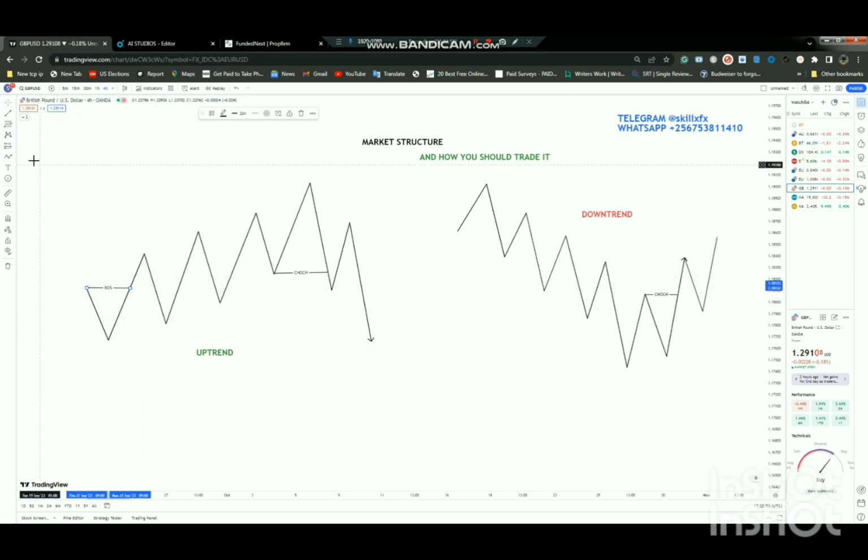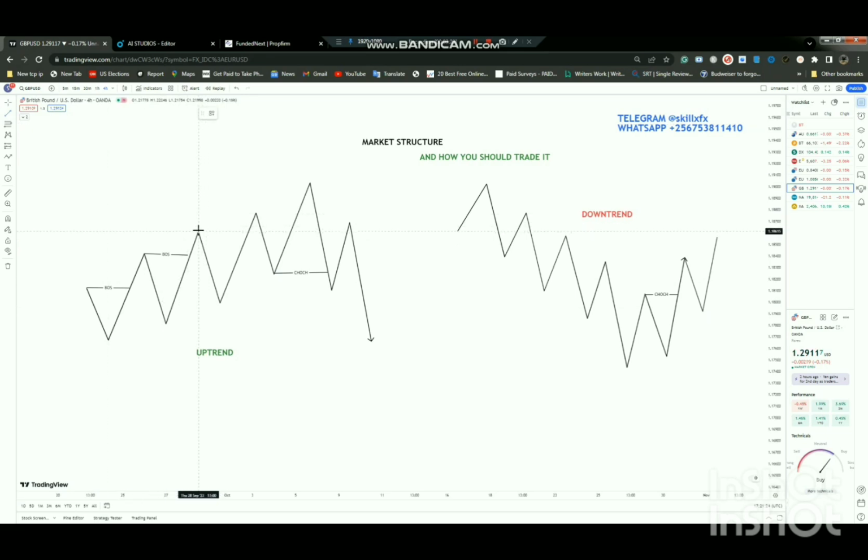So guys, if the market is moving in an uptrend, the only thing we focus on is buying. You understand? Because the market won't move truly in only one direction or in a straight line, because the market always has a lot of things changing in the economy. So that's how the market works.